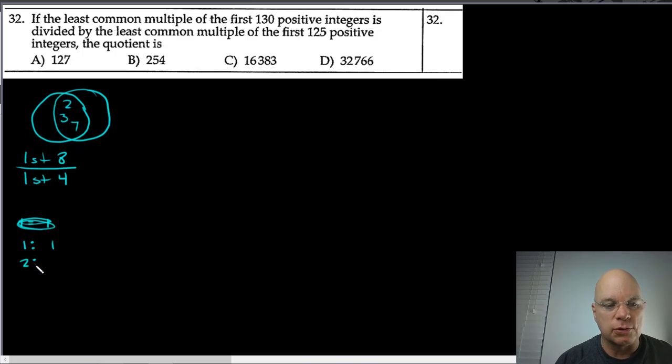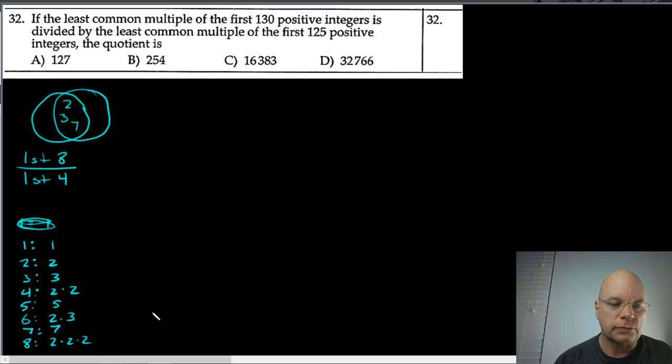The prime factorization of 2 is 2. The prime factorization of 3 is 3. The prime factorization of 4 is 2 multiplied by 2. 5 is 5. 6 is 2 multiplied by 3. 7 is 7. And 8 is 2 times 2 times 2.